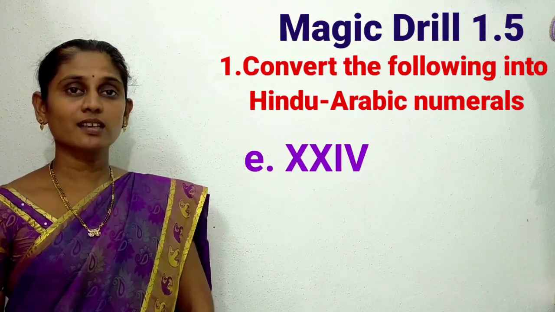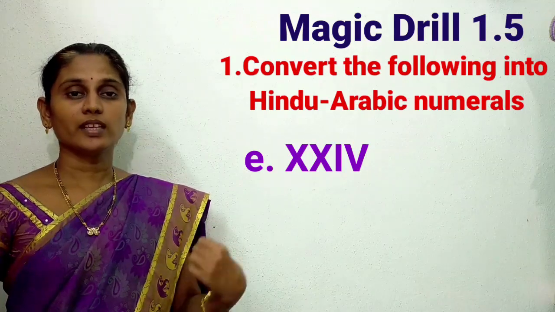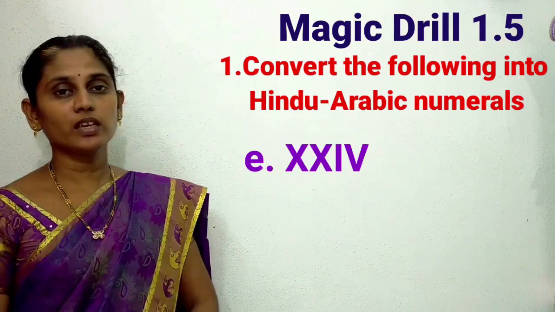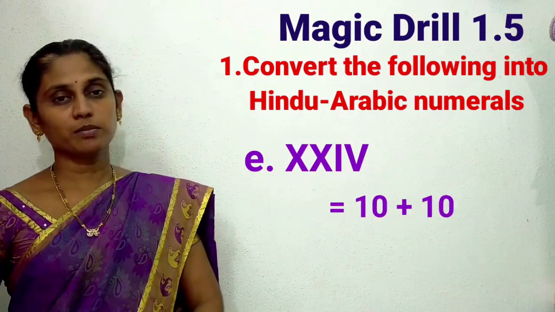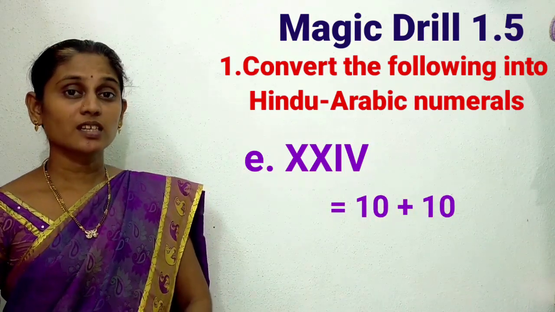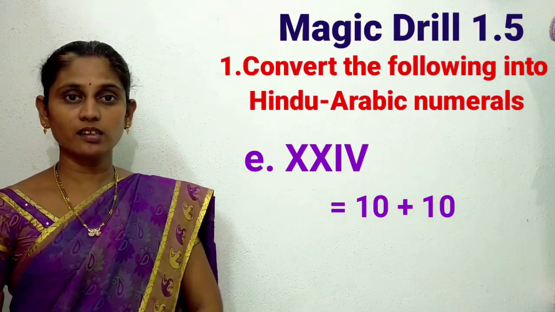Now, we'll move to the next one. X, X, I, V. Look here. X for 10. Again X, plus 10. Next, a smaller numeral is there. Can I add it to the 10?